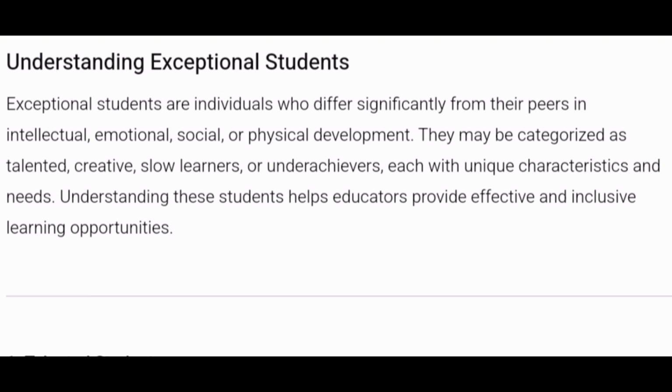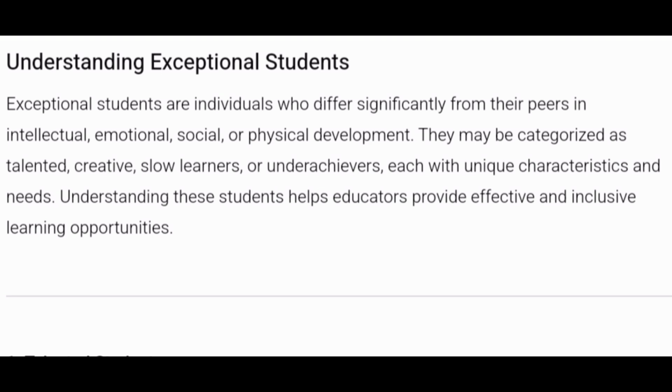Exceptional students are the people who are different from their friends or peers in emotional status, intellectual status, social status, or physical development. They might have differences with their friends in terms of intellectuality, emotionality, or social development. They may be categorized as talented.